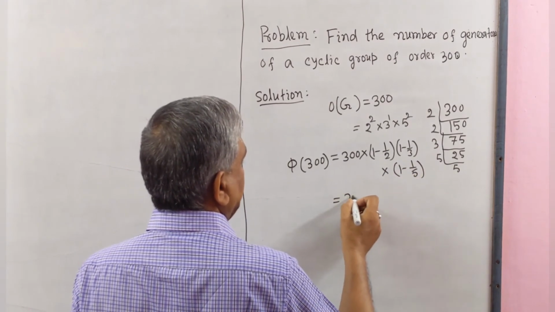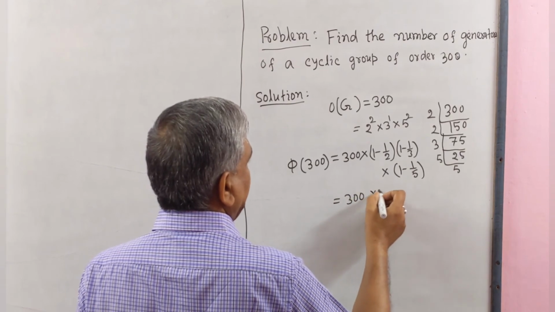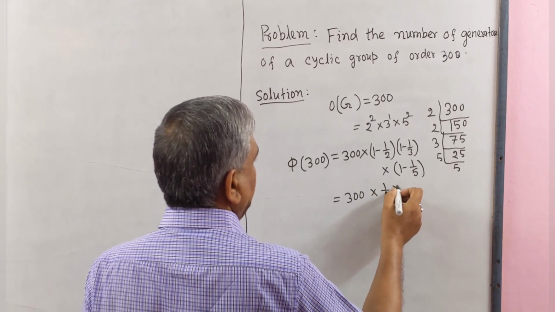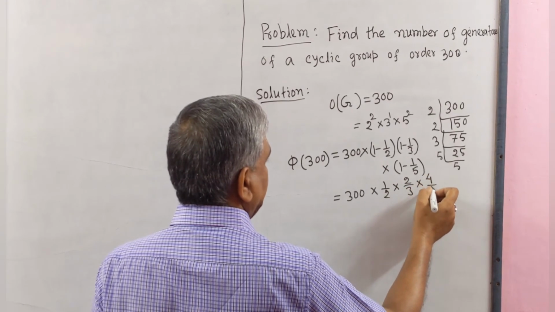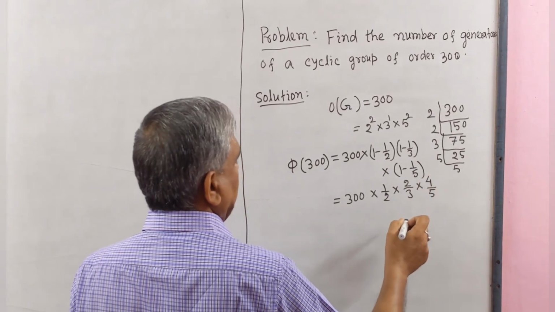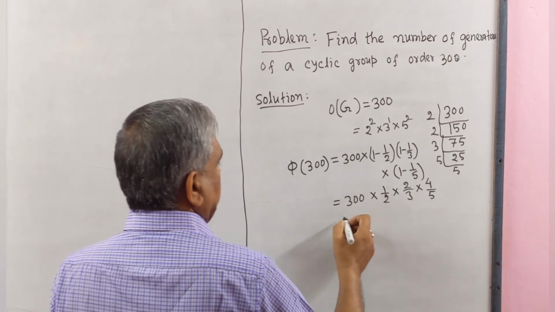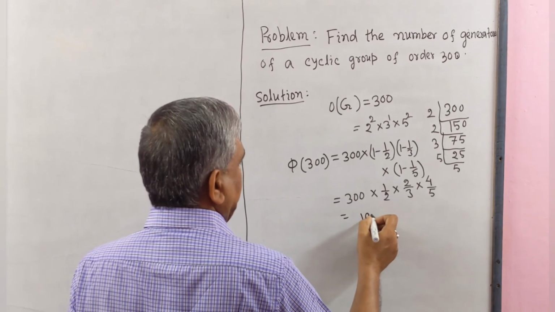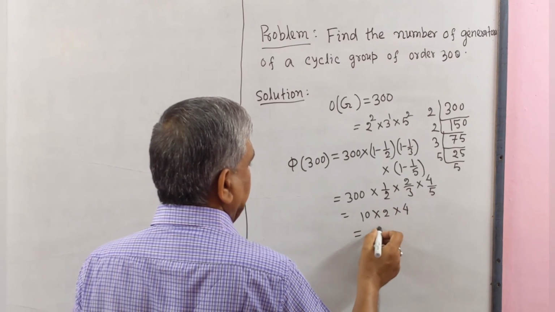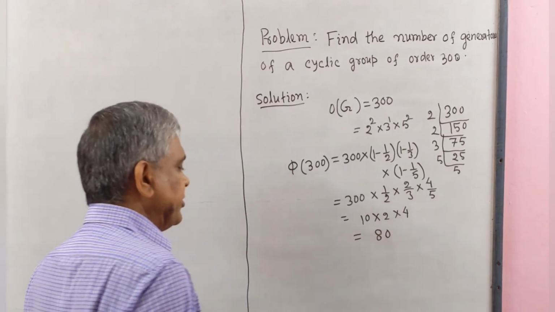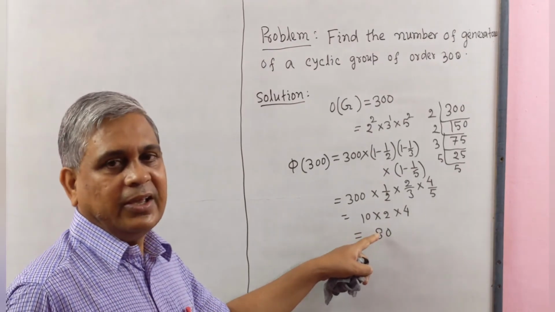That means 300 multiply half, multiply 2 by 3, multiply 4 by 5. This is 10 multiply 2 multiply 4, meaning 80. The number of generators is 80.